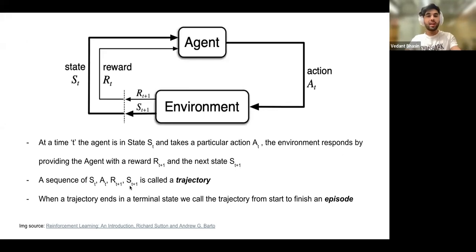You have a current state at a particular time t, you take an action at that time, you receive a reward for taking that action, and then you find yourself in the next state. And this is really how the agent and the environment communicate with each other. A sequence of these tuples, you can think of as a trajectory. And when the trajectory ends in a terminal state, we call that an episode from start to finish.